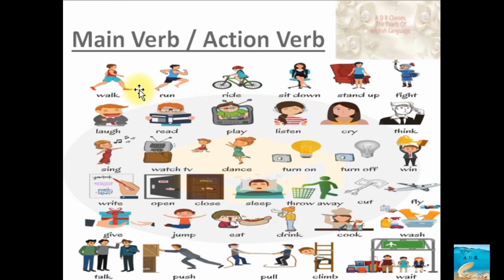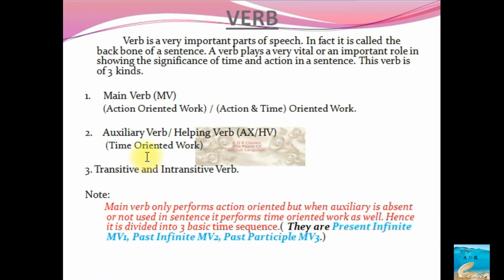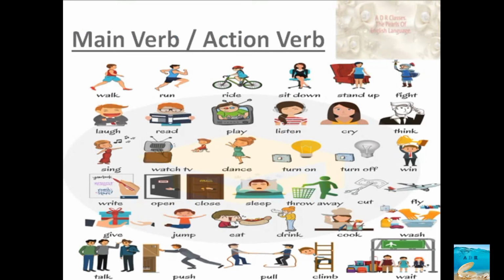The verb in a sentence is basically action oriented. Remember, verb has a second form, that is auxiliary. When there are no auxiliaries at all, the main verb performs the function of both auxiliary and main verb.